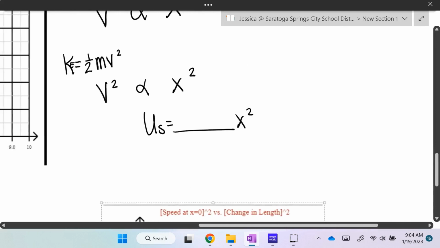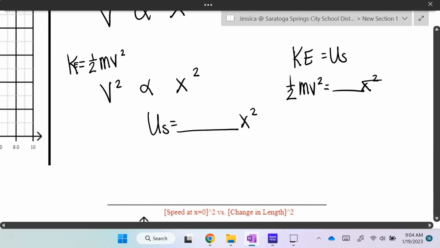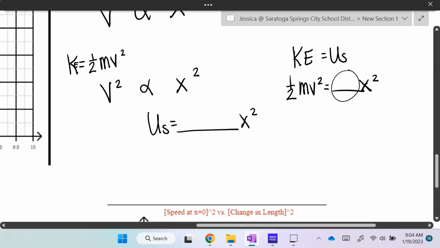So what I'm going to do to help me figure that out is graph v squared versus x squared. So I know my kinetic energy equation is 1/2 mv squared, and I know the maximum kinetic is going to convert to maximum spring potential. So I need to figure out what goes in front of that x squared, as I know v squared and x squared are directly related.